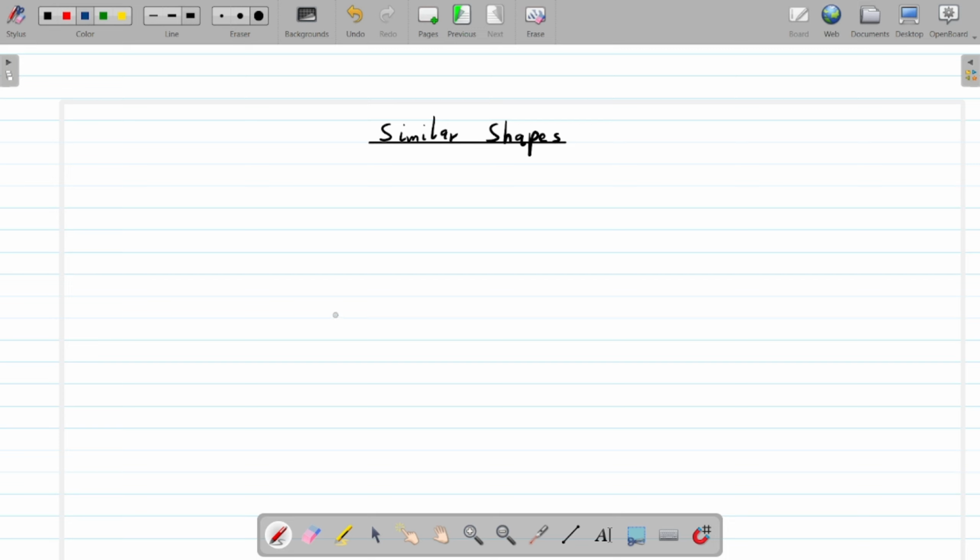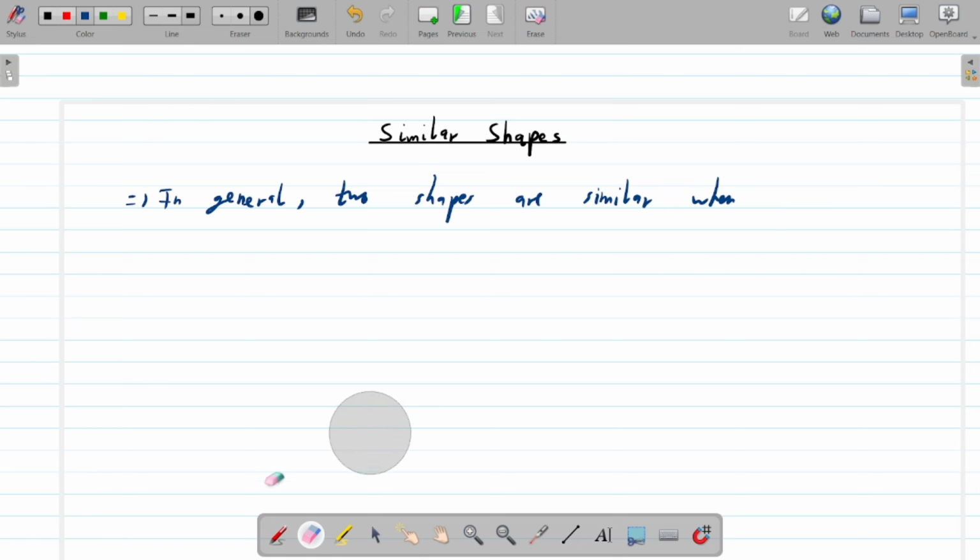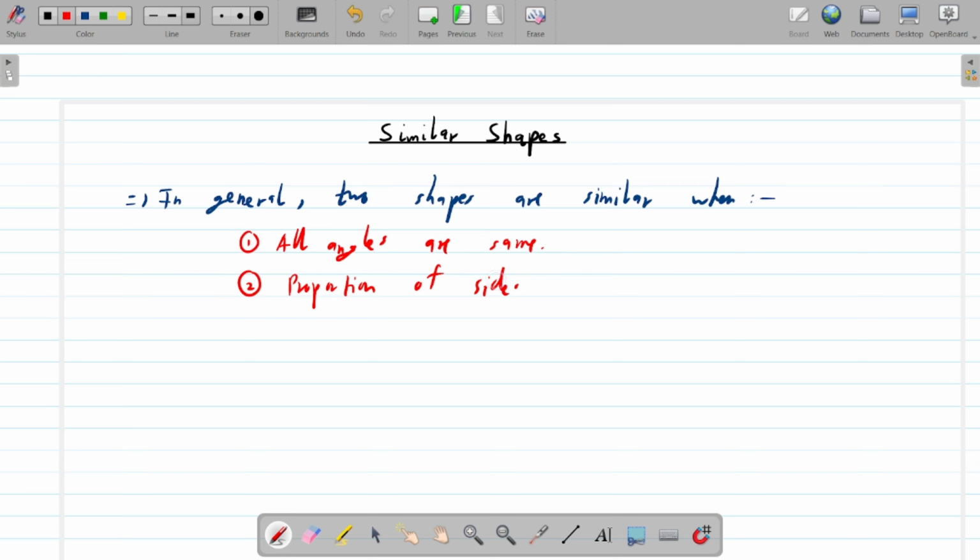Now, for similar shapes, what is the meaning of similar shapes basically? First, we're going to have to know, in general, two shapes are similar when all angles are same and proportion of sides is same.